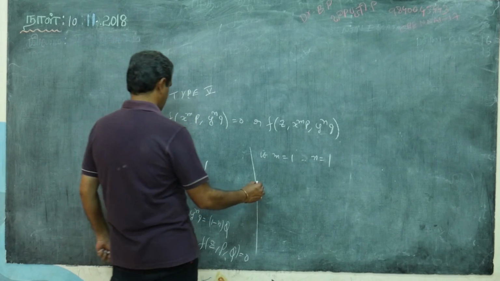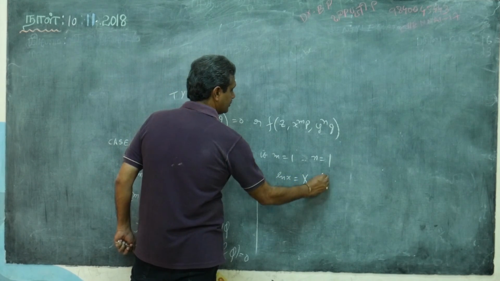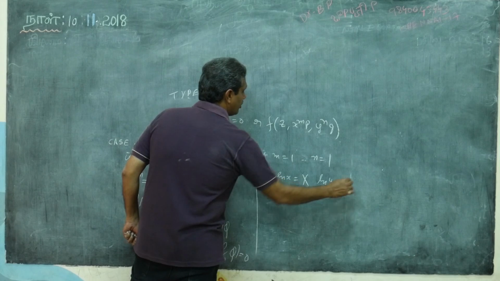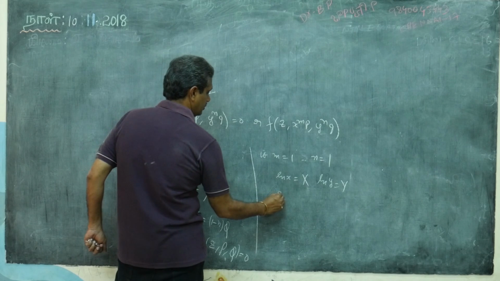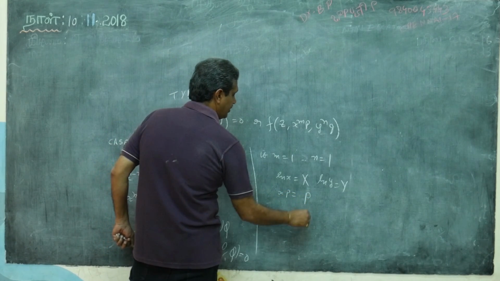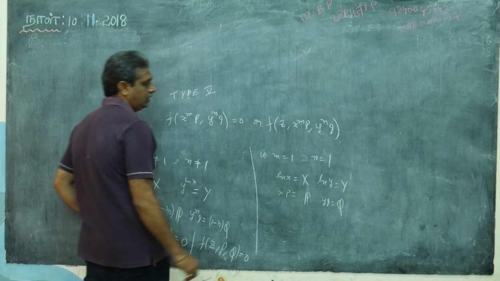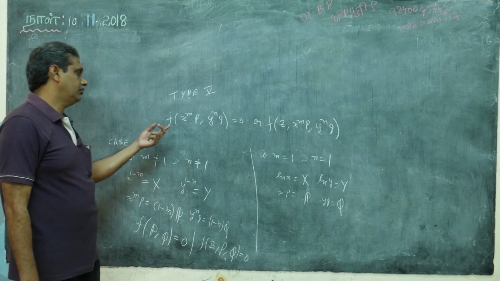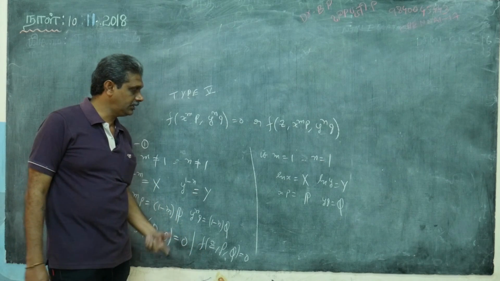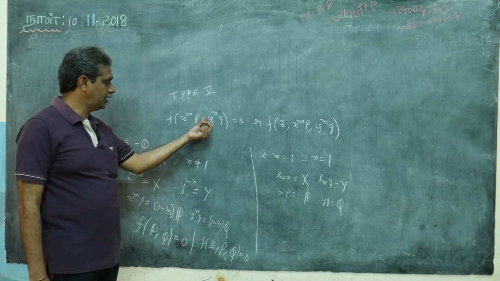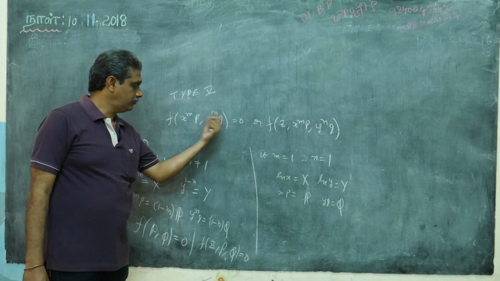So put log x equal to capital X, log y equal to capital Y. Then x p is equal to capital P, and y q is equal to capital Q. Again the same story: type 5 becomes either type 1 or type 3, the whole shape being f of P, Q, or f of z, P, Q. See how nicely I am transforming.